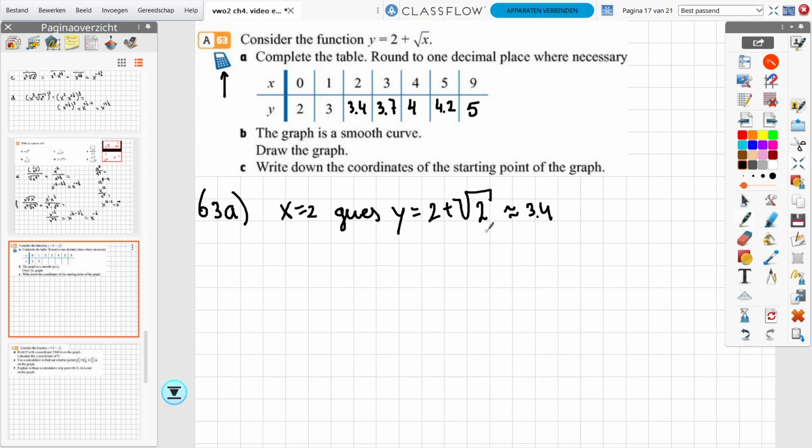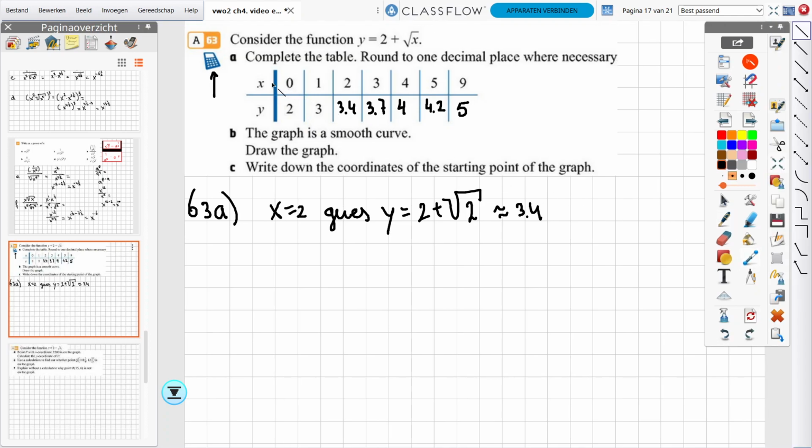They say the graph is a smooth curve, draw the graph. And I'm not going to draw a whole coordinate plane here, because the only things that I have are positive values for x and positive values for y. So instead of making the usual coordinate plane, I'm focusing only on quadrant 1, the one where both are positive.